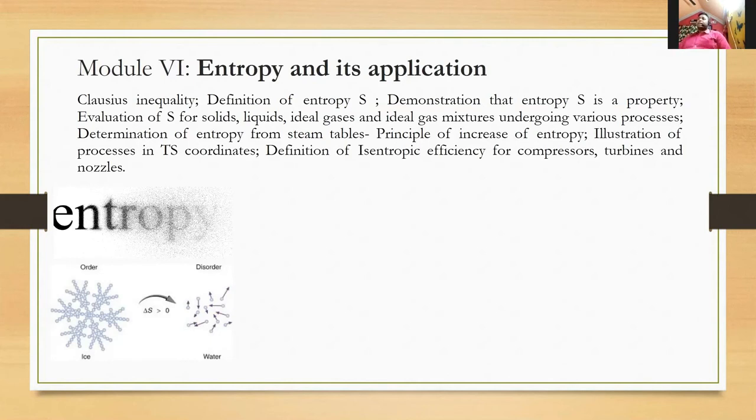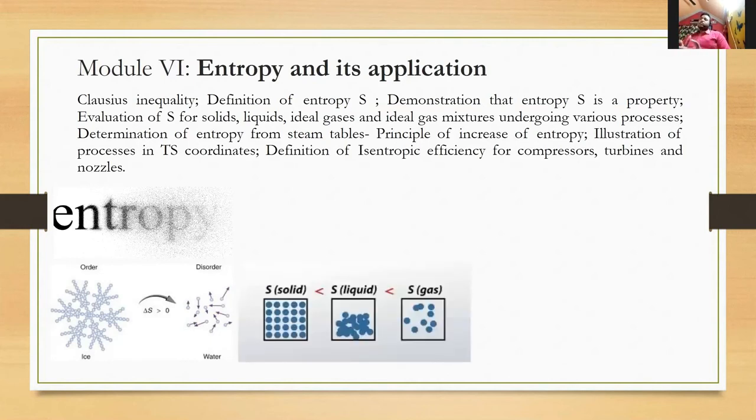The entropy of a solid is less, in a liquid it is higher, and in a gas it is even higher. It's hard to say at this point why this happens, but once you go through the whole thing, you will understand why solids, liquids and gases behave this way and how they are related.